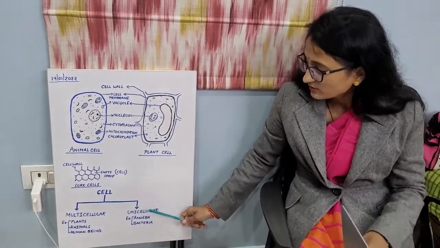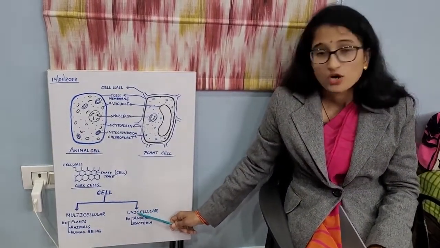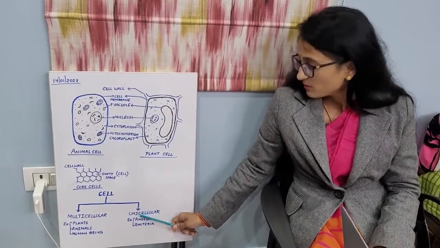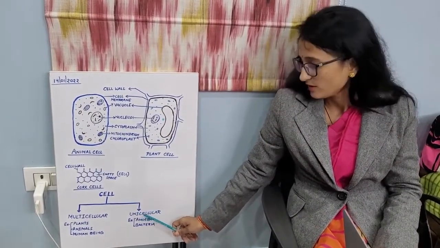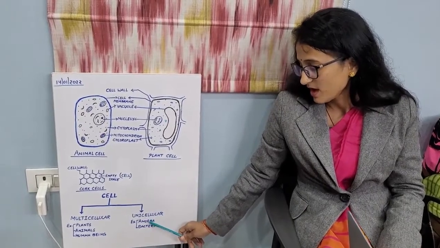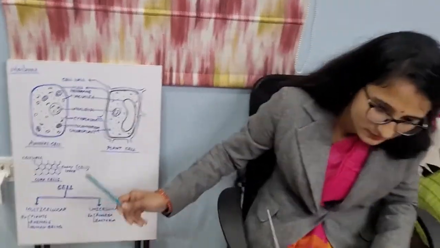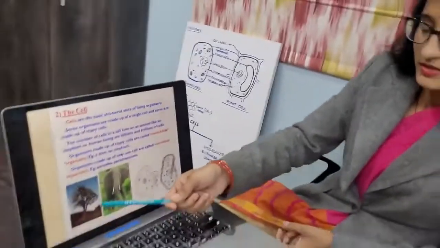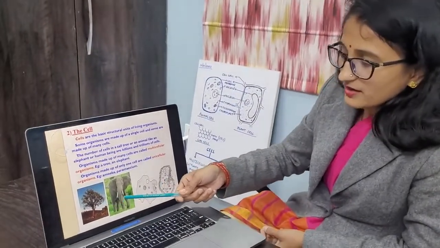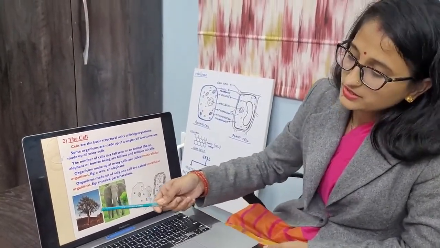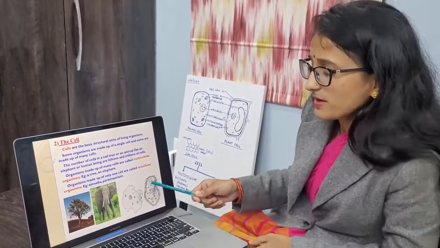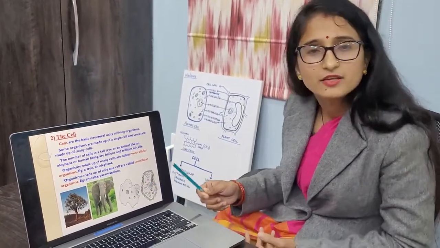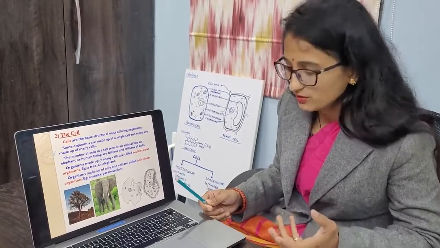And unicellular, uni means one. So the organisms which are made up of one cell are known as unicellular organisms. For example, amoeba and bacteria. Let's see, this tree and an elephant, these two are multicellular organisms, and amoeba, paramecium, bacteria, they are unicellular organisms.